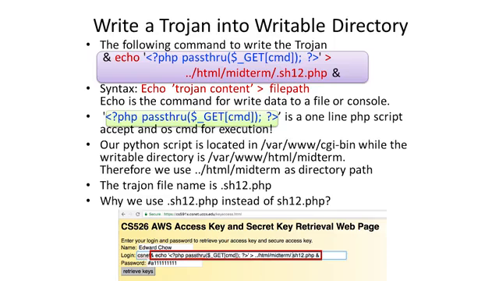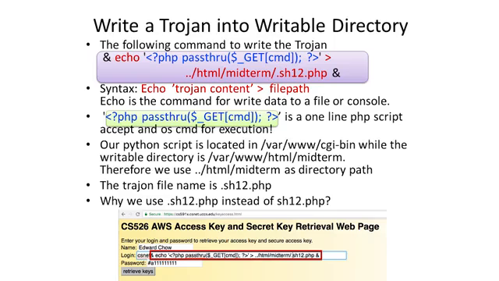Our vulnerable script is located in /var/www/cgi-bin, while the writable directory is in /var/www/html/midterm. The difference between the two indicates that we need to create a relative file path, ../html/midterm, to traverse from the cgi-bin directory to the midterm directory.